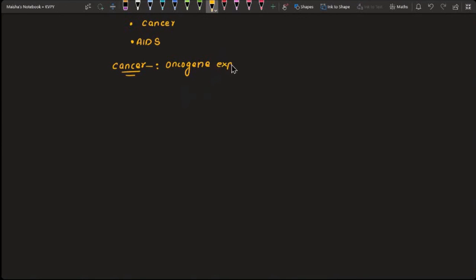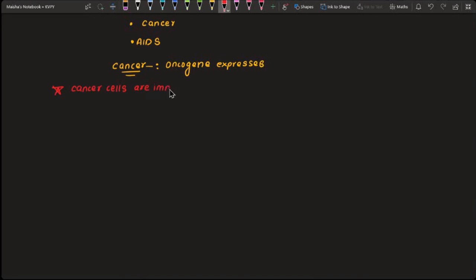What happens is that certain cells of the body will not obey the basic rules of cell division and will start rapidly multiplying. So when the oncogene expresses itself, several cells of the body, now termed tumor cells or cancerous cells, will keep dividing rapidly.